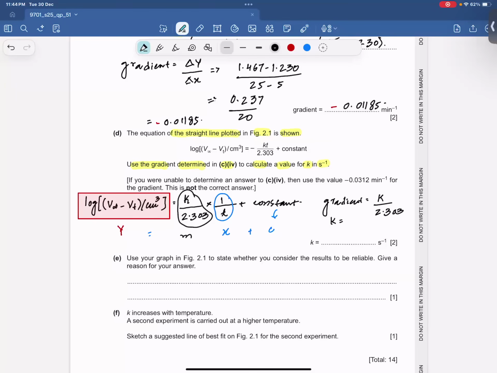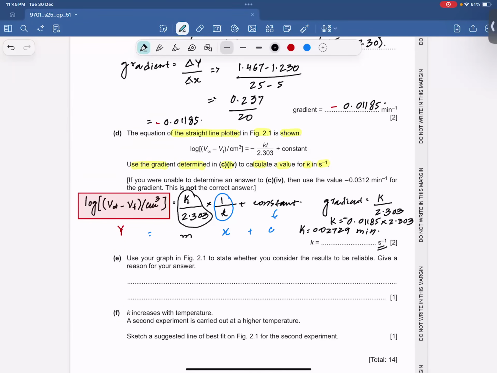So k equals, gradient was 0.01185 minus into 2.303. So the value of the rate constant, into 2.303, is going to be 0.02729, and it has to be minute inverse.